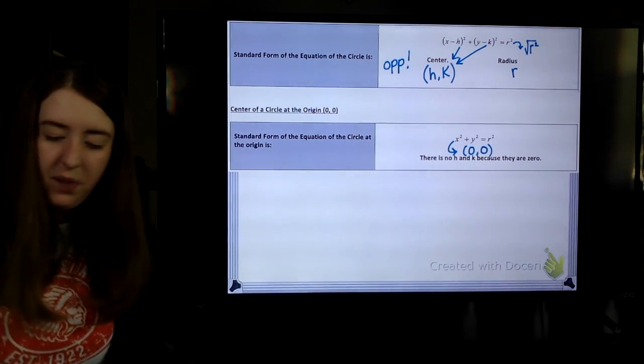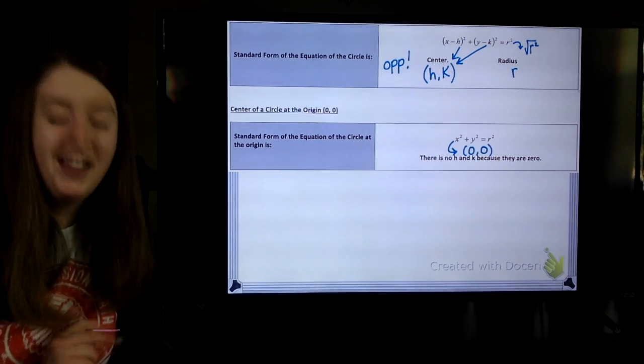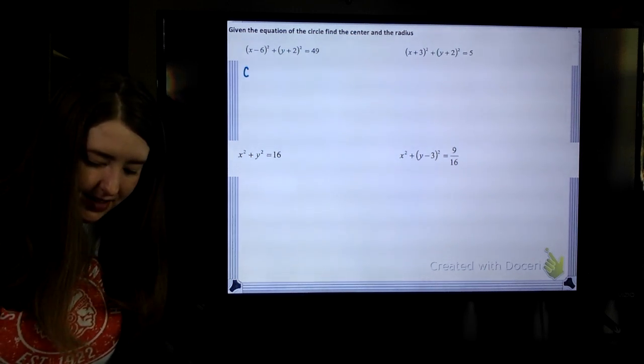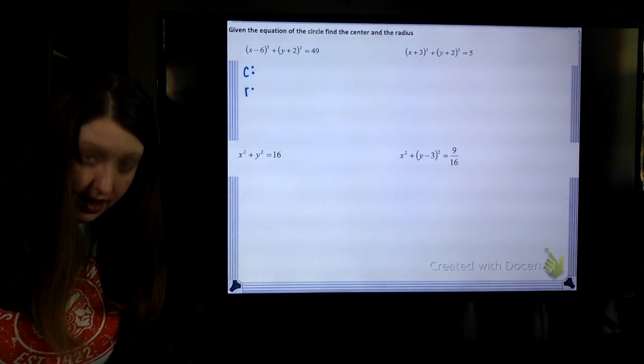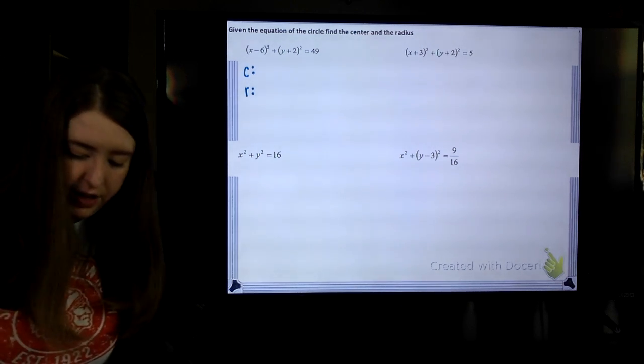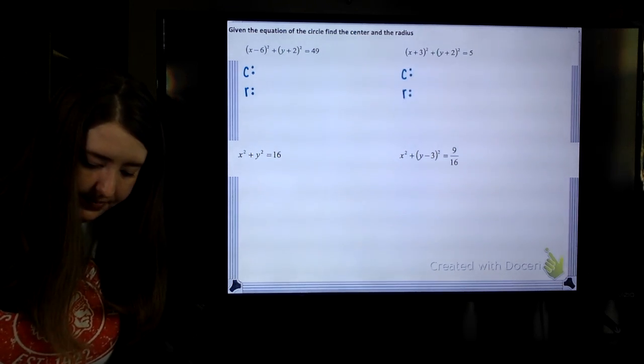All right, so let's go through and find all of our centers and then all of our radii. I'm just going to copy and paste these to get through them a little quicker.